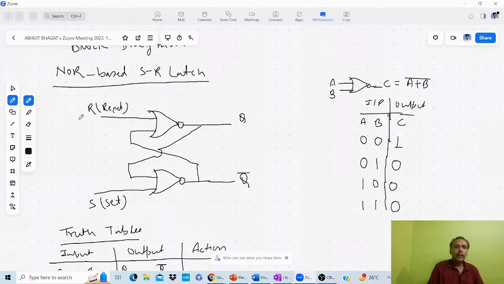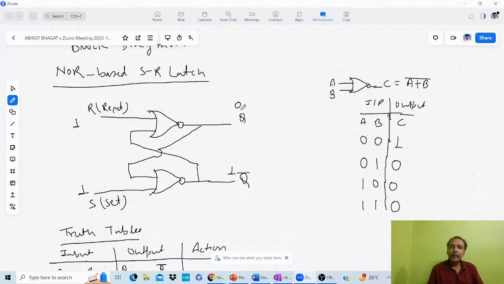So it is 1 when your S and R is 1 1. In that case, what happens you see here. Suppose same your previous output here, suppose it is Q is 0 and Q bar is 1. Suppose you can imagine opposite, you will get the same result.